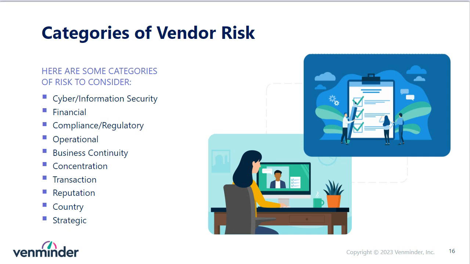You could think about reputational impacts and customer impacts if there's an interruption to the product or service, and country risks, so vendors operating out of country and where that might trigger and identify unique regulation and data privacy concerns. So these are risks outside of what's typical to take a look at.